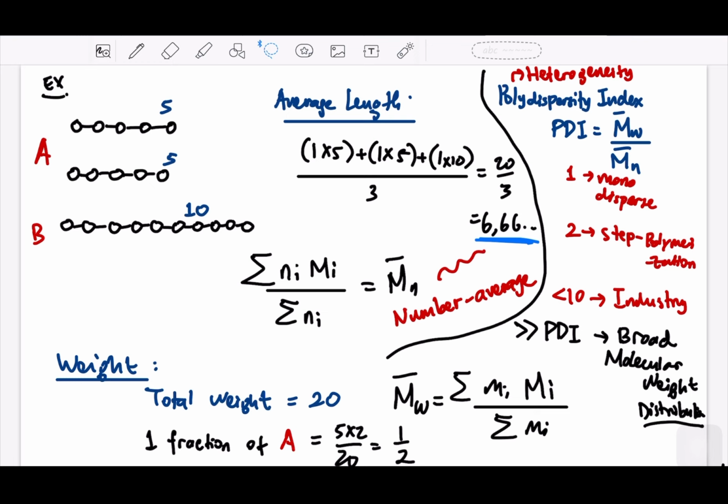So if you are discussing the PDI in a more general unit, usually it's from 0 to 1. But in polymer, as you may see from our curve before, our weight can be different and our dispersity ranges from 0 to 10, or maybe more.